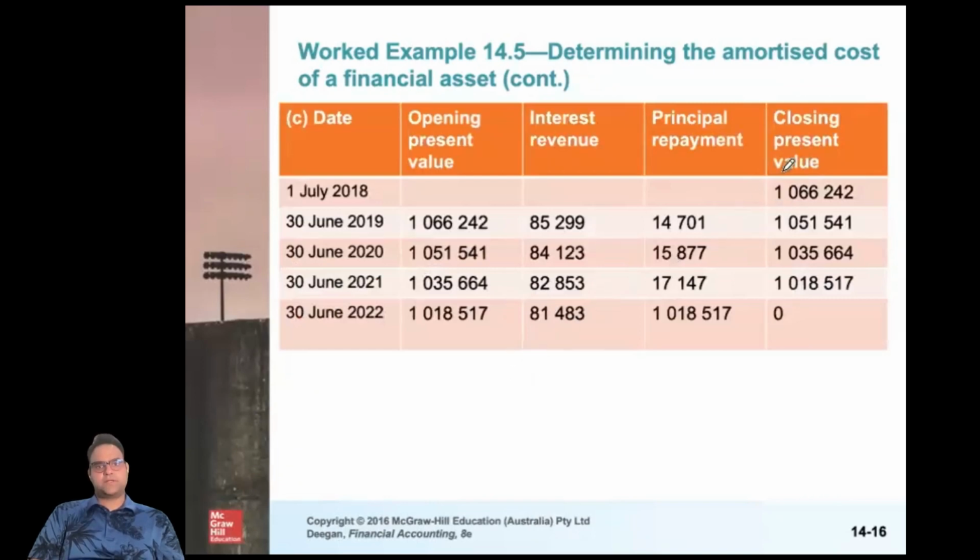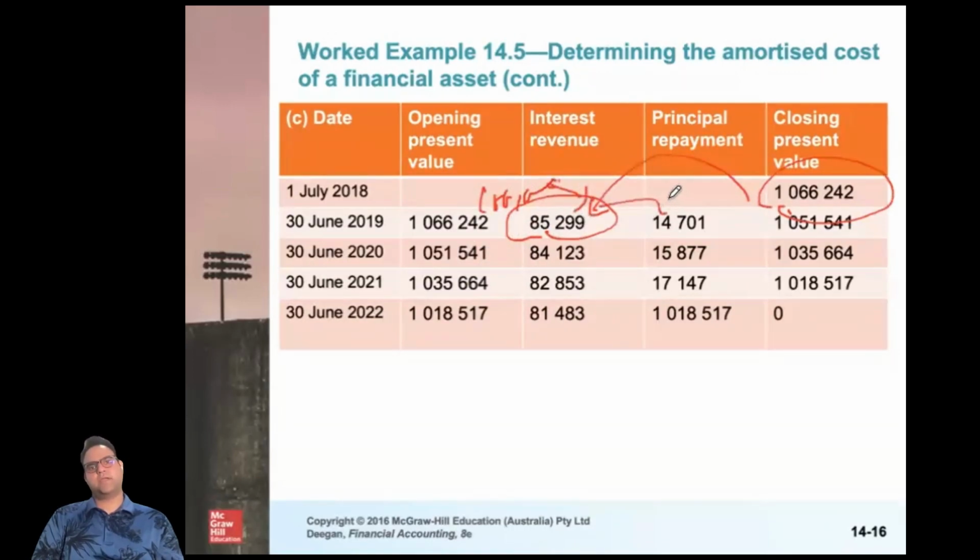Then we prepare the lease schedule, or the amortization model. We know the fair value is 1.066 million. The rate of interest is 8%. Every year we receive 100,000. I think in this table there should be one more column of 100,000. So 100,000 less 85,299 leaves the principal amount, that is 14,701.